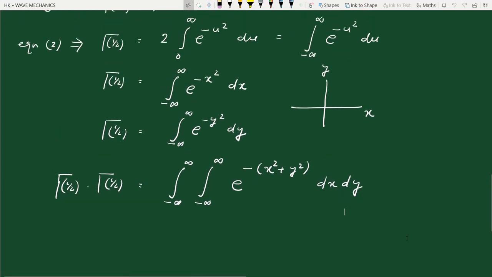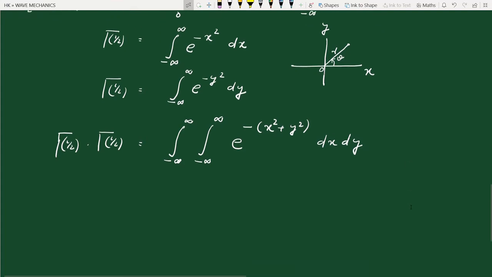So instead of xy coordinates, suppose I use the radial distance r, which varies from 0 to infinity, from the origin, and the polar angle theta, measured from the x-axis, which varies from 0 to 2 pi. If I change to polar coordinates r and theta, what is the change in this expression?